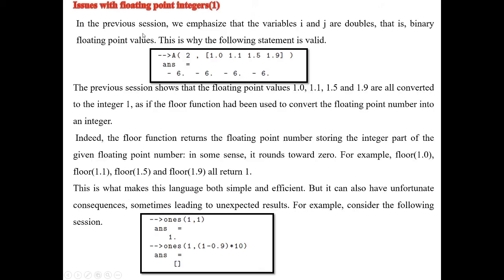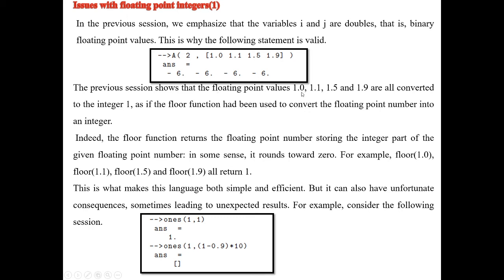In the previous session we have used i and j as doubles, binary floating point values. That is why the statement was valid. Now you see this statement: 2 comma 1.0, 1.1, 1.5, 1.9, which is the result of minus 6, minus 6, minus 6. How will this be?